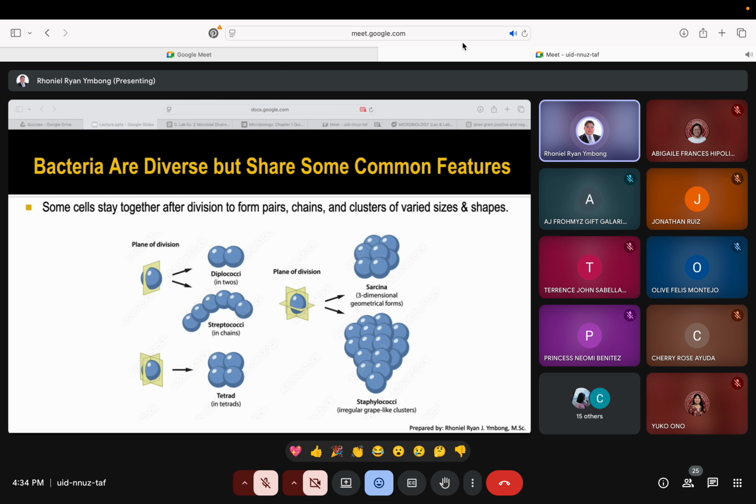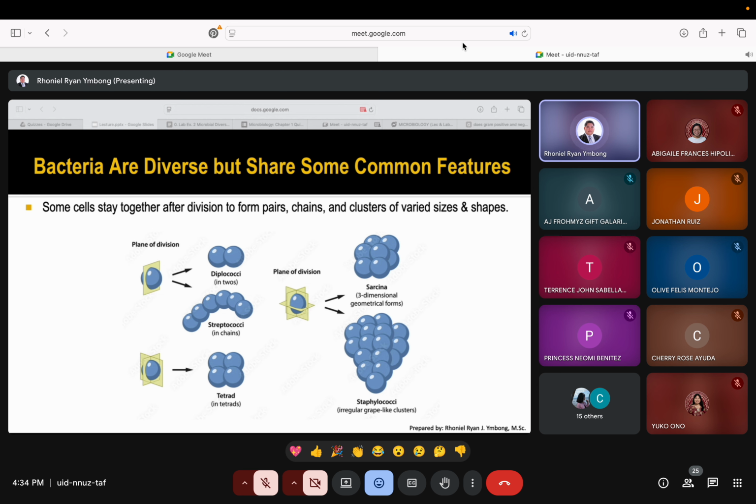So they are clumped together. That's what you mean by staphylo. So staphylococci, staphylobacilli, and so on. So for your arrangement, therefore, the naming of your arrangement for your bacterial cell is based on the shape of your bacterial cell as well as how they are arranged, particularly in relation to the other independent bacterial cells.